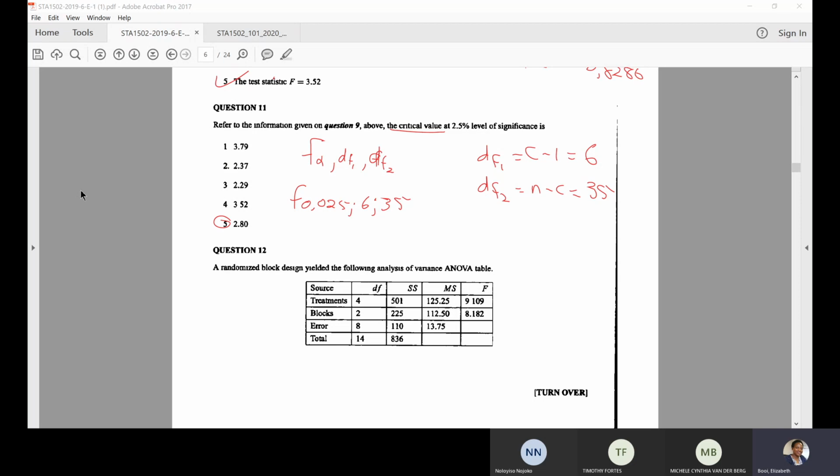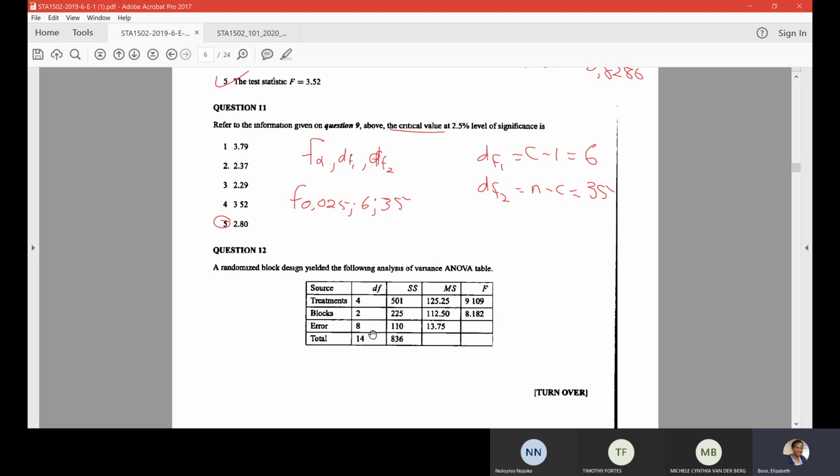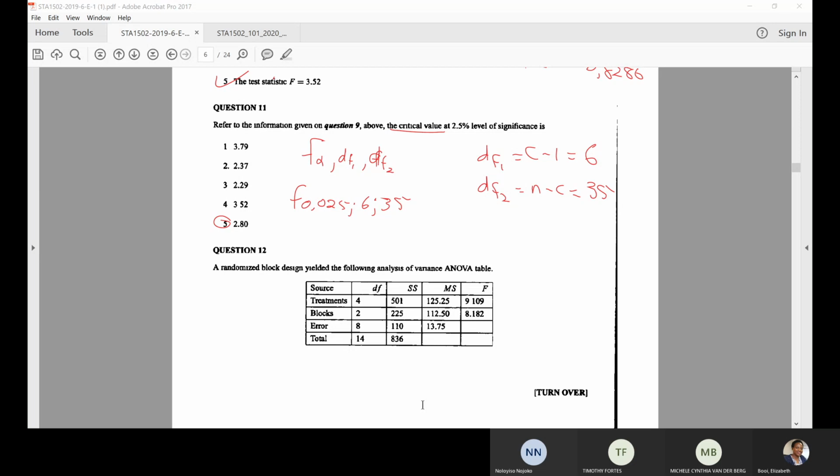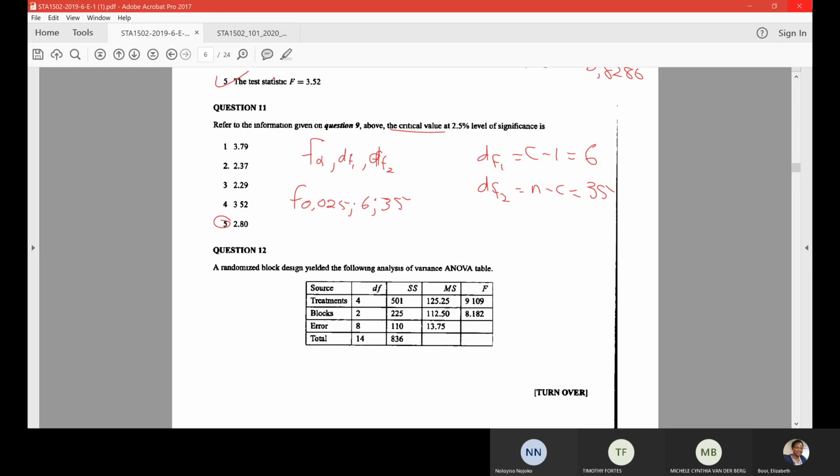The degrees of freedom for blocks is number of blocks minus 1.